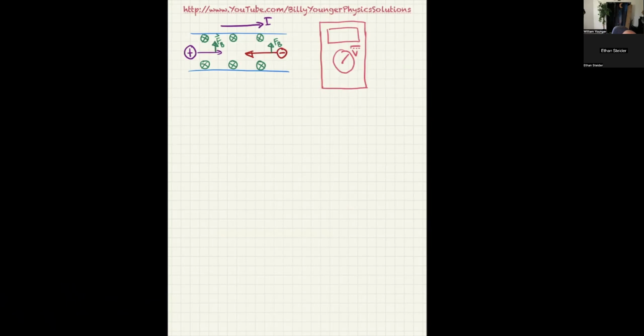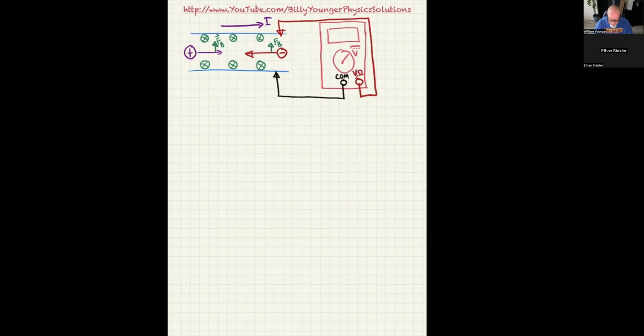We're going to have a red terminal right here, which is the V omega terminal, and a black terminal right here, which is the COM terminal. What we're going to do is take our red wire, run it over here, back here, and touch it on the top of this wire. Then we take our black wire, run it over here, and touch it right there.